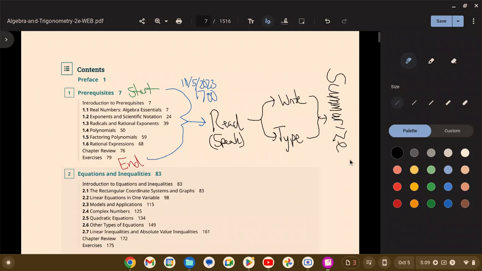Oh, that was interesting. There wasn't enough room there. So, but yeah, summarize. And so basically, the idea is by reading it in whatever format it's in, that will expose me to the words.